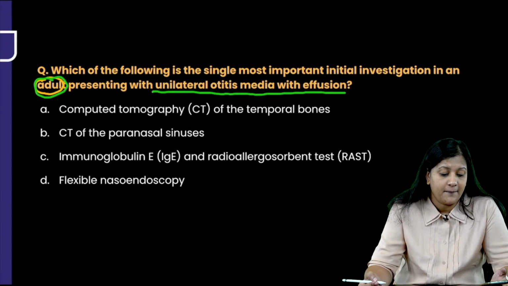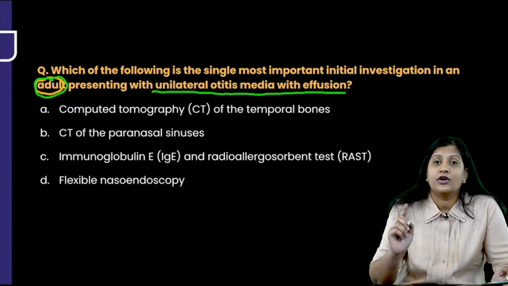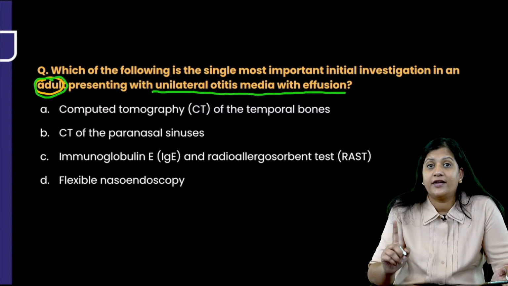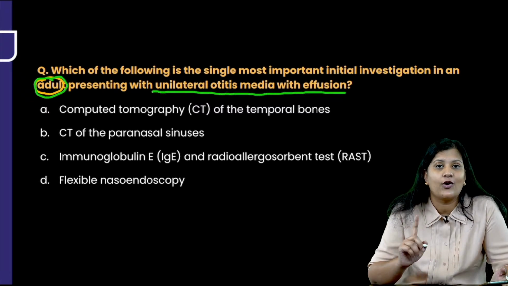Okay, so I see a mixed response coming from all of you. Some of you say it is A, some of you say it is D, and some of you are mentioning it as B. We are talking about an adult with serous otitis media, not a child, and unilateral serous otitis media, not bilateral.